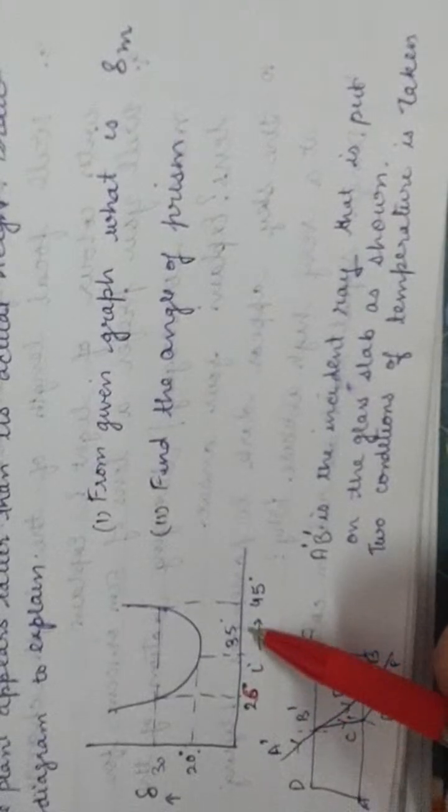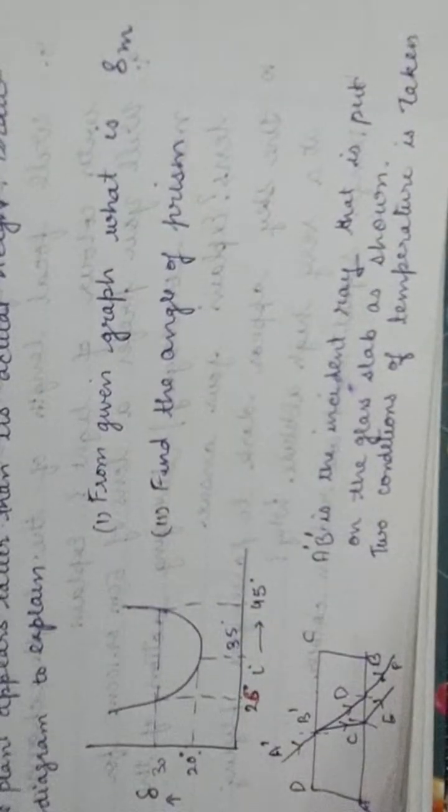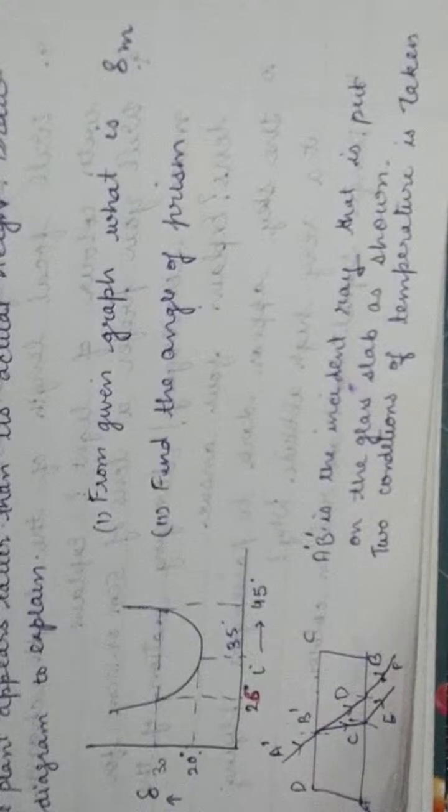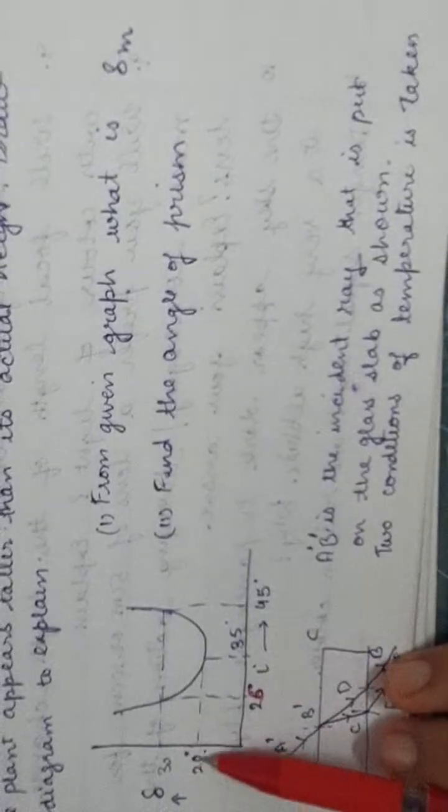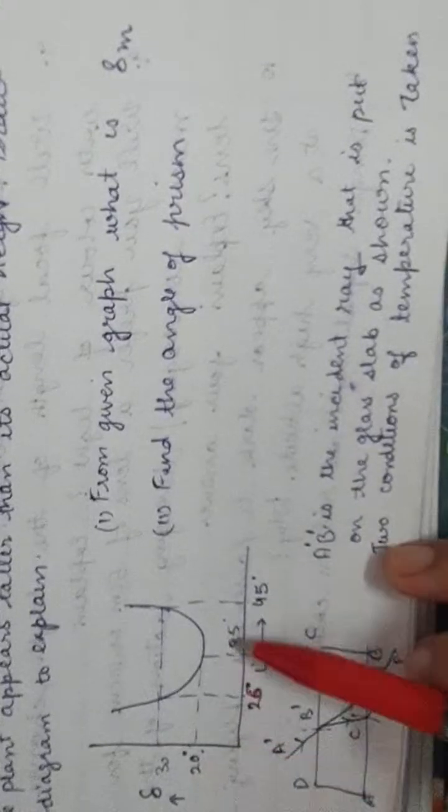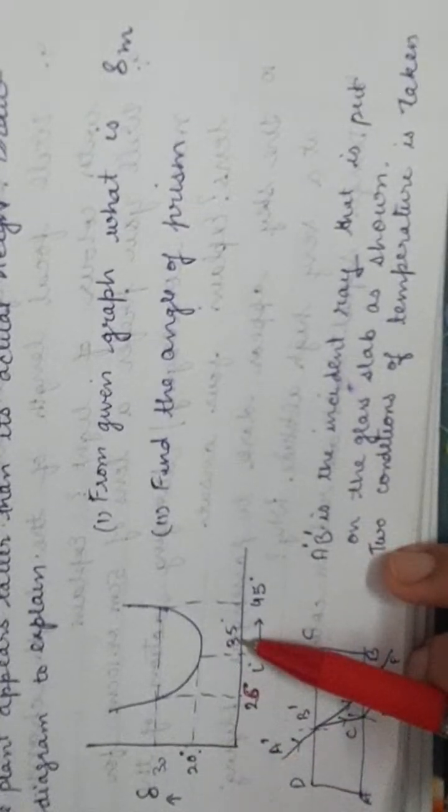But only at delta 20 degrees, your I and E values become the same, that is 35. When we place a prism at the minimum deviation position, the I and E values become the same. So at minimum deviation position, that is at 20 degrees, you have I and E equal, that is 35.